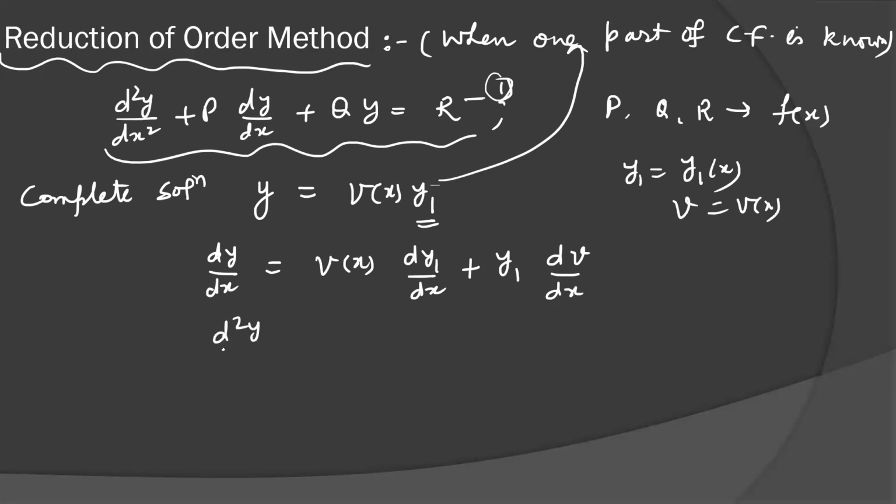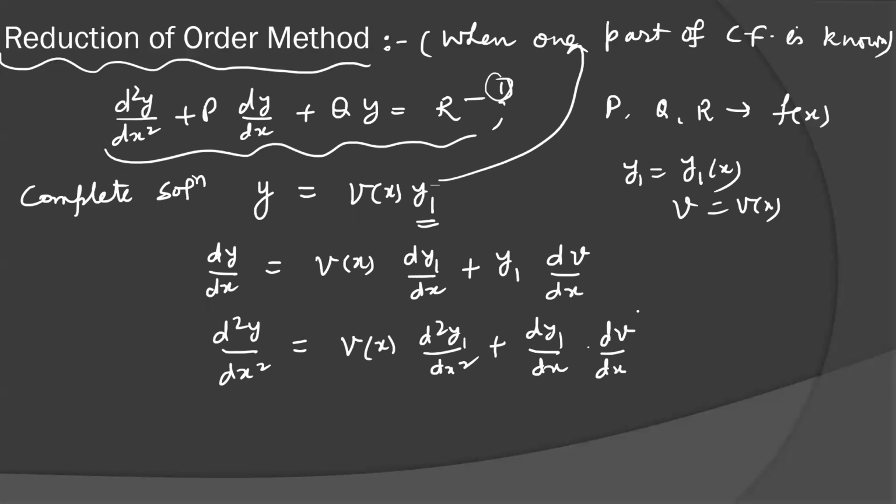What will be the second derivative? Because it will be used in equation 1. So it will be v(x) d2y1 by dx2 plus dy1 by dx is outside, derivative of v will be dv by dx. This is the derivative of the first term, plus the second term d2v by dx2 plus dv by dx, and derivative of y1 will be dy1 by dx.